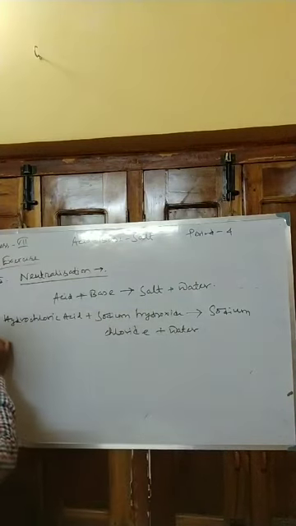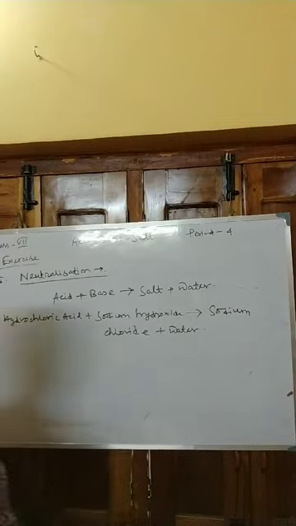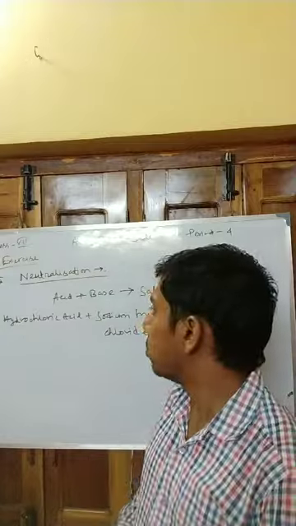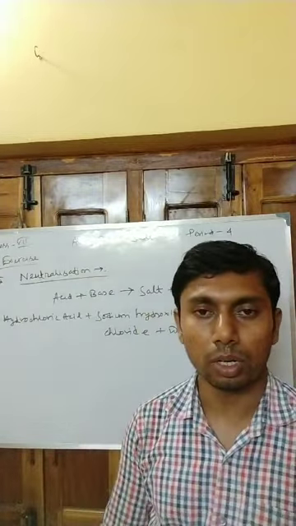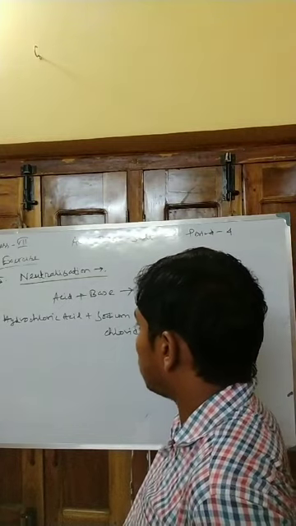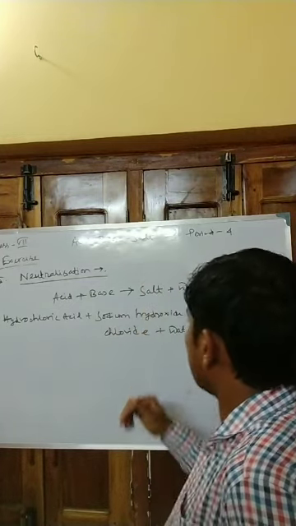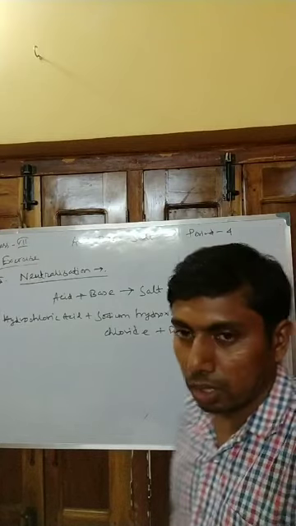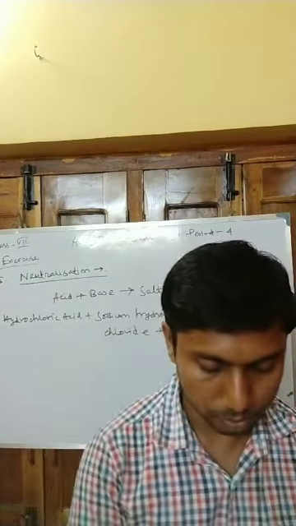So this is an example. So neutralization is the reaction between acid and base, but the individual identity or property of acid and base is lost, and new products, salt and water, are formed. Example: hydrochloric acid plus sodium hydroxide equals sodium chloride plus water. Next question.